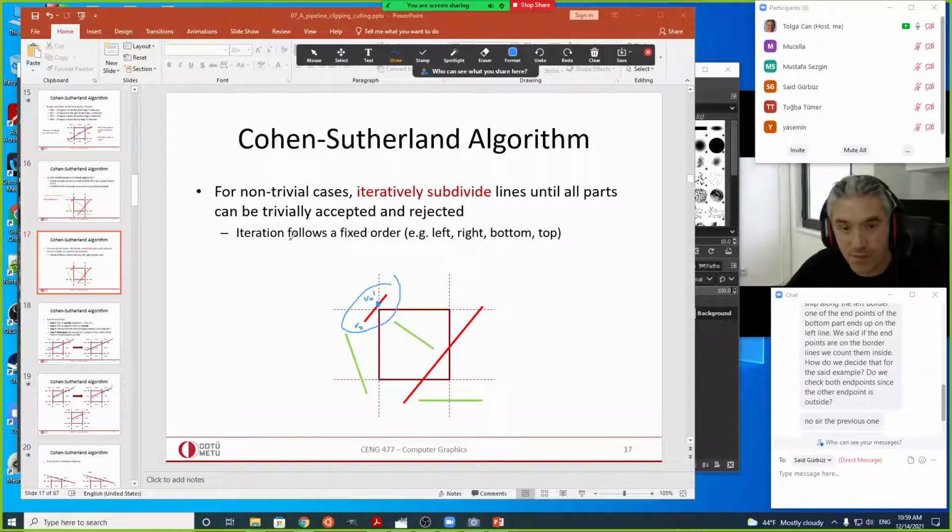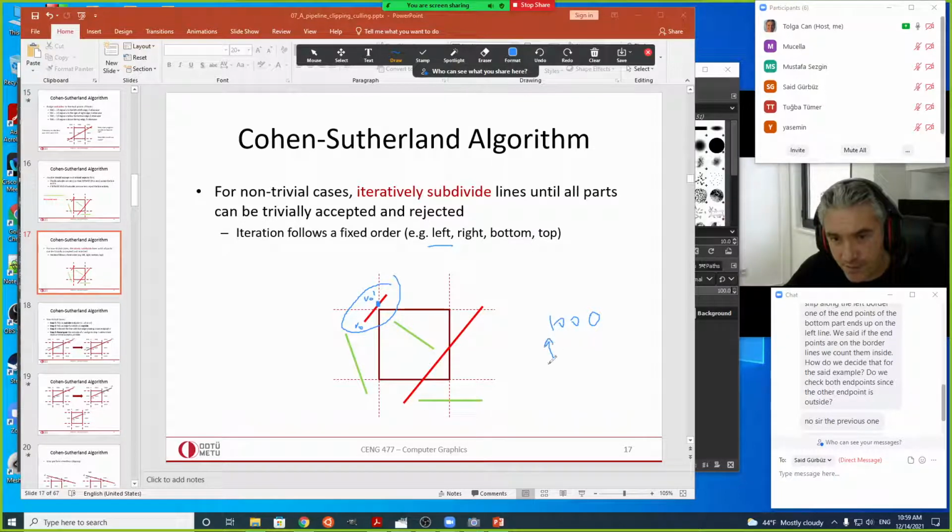So its left bit, the rightmost bit, is going to be 0 at this point. If you look at its outcodes, the top border bit, I think it's going to be 1, 0, 0, 0. Let me write it again.